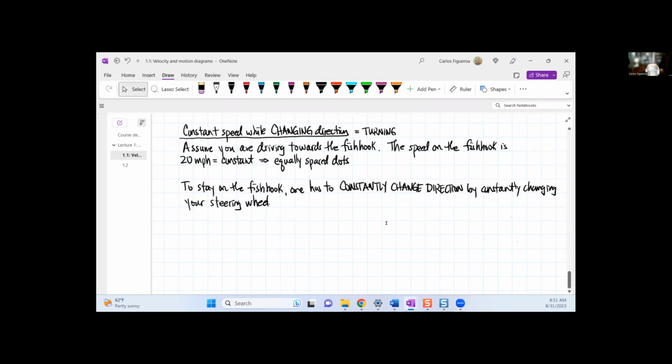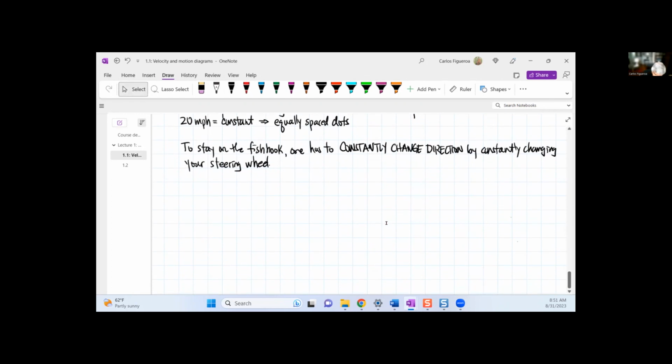So we could imagine that we do something like this here. If I look at the fishhook, I'm going to imagine that I come into the fishhook and I'm coming in at constant speed. And then once I'm in it, I start to change my direction. But my dots have to stay equally spaced.